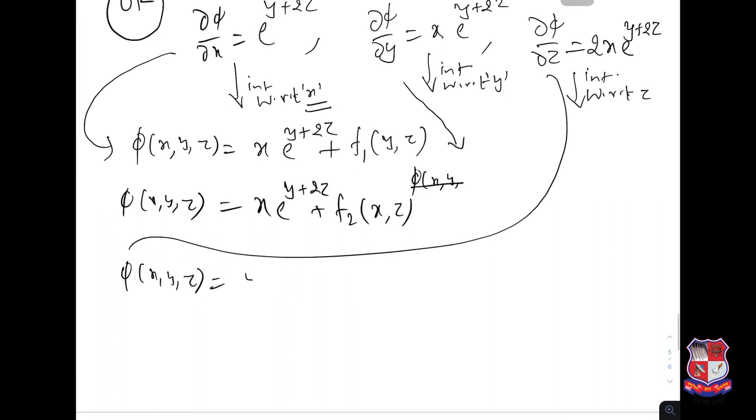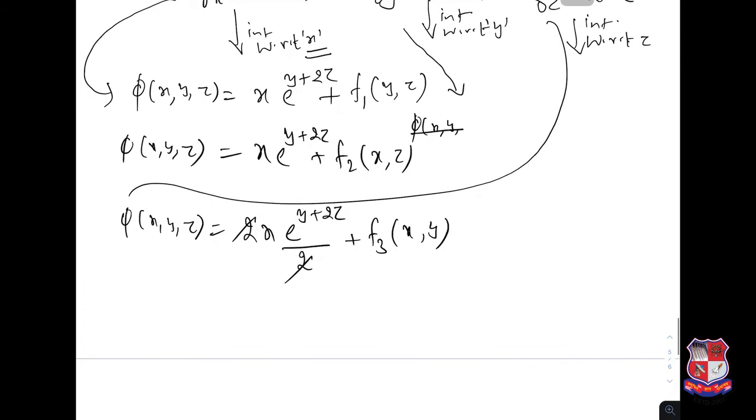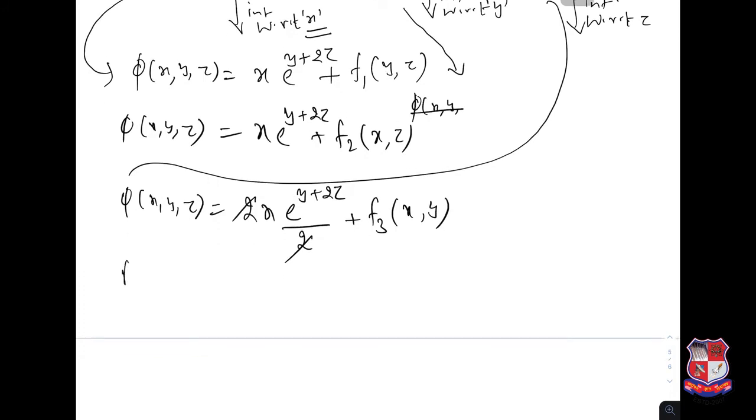That is 2x e power y plus 2z and integration with respect to z. So we need to divide by the derivative of y plus 2z with respect to z, and that is nothing but 2, and plus some function of x and y. This 2 cancels. And now our phi is easy to write.